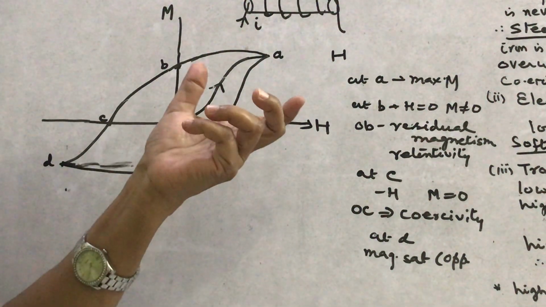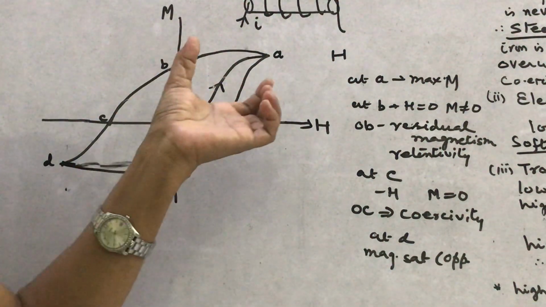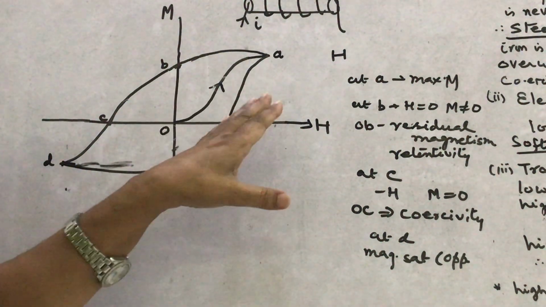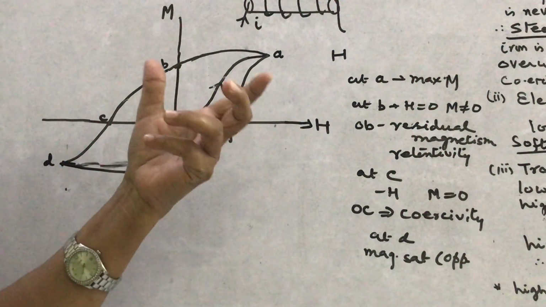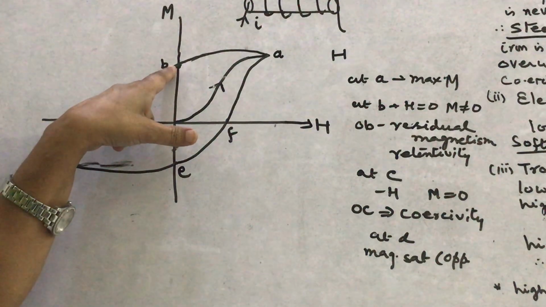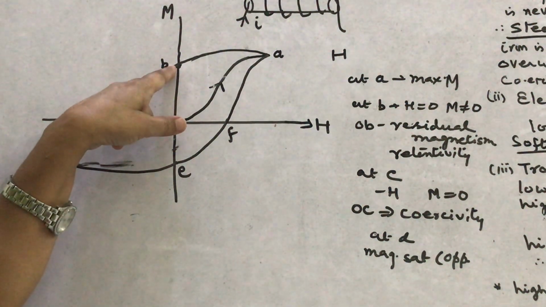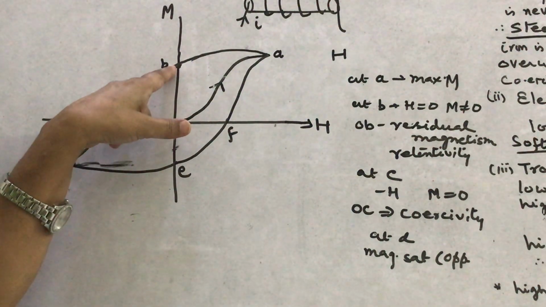Now, when H is removed here at this point B, the domains do not come to their original position, that is, M is not 0.